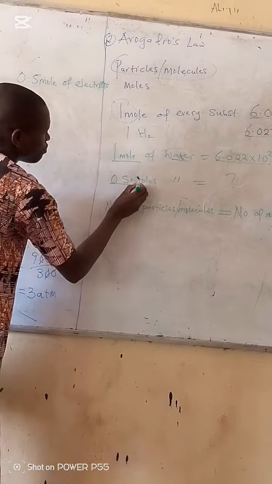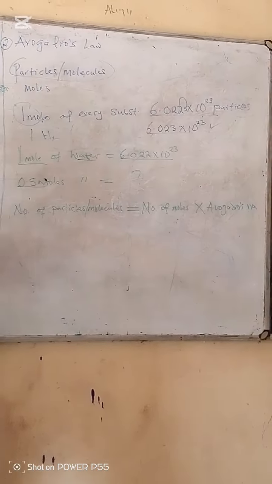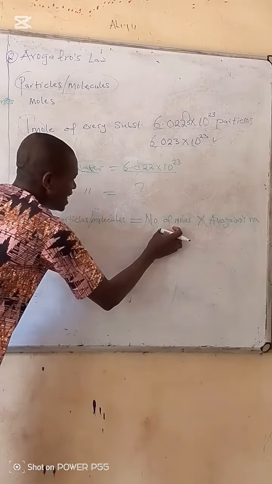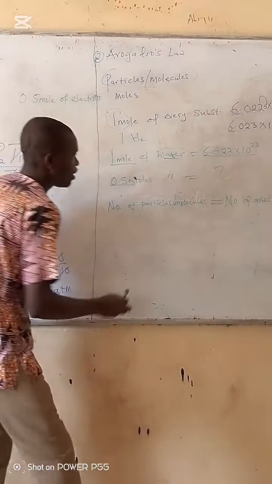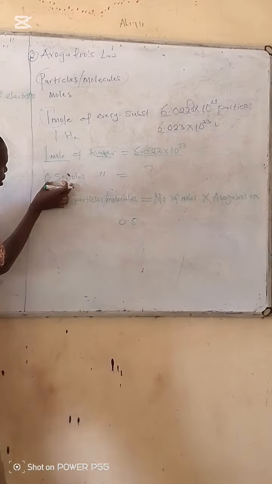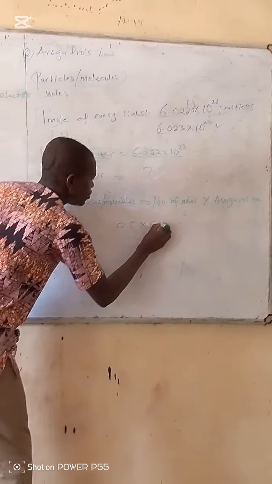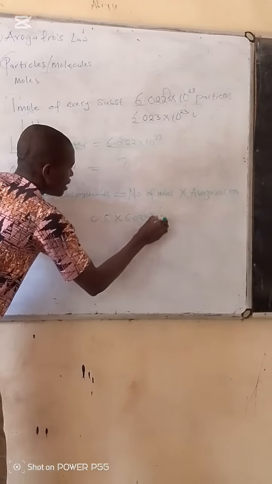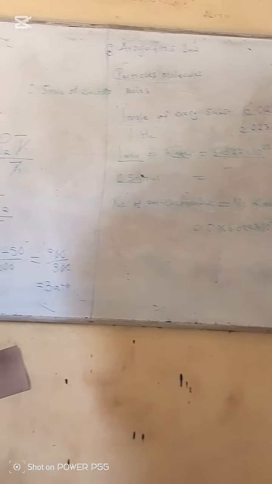So 0.5 mole, according to the formula, if we want to find the number of particles, all we need to do is to multiply the number of moles by the Avogadro's number. So how do we go about that? So we are now going to have 0.5, which is our number of moles, multiplied by 6.022 times 10 raised to power 23. Simple. And please, this is a simple mathematics.